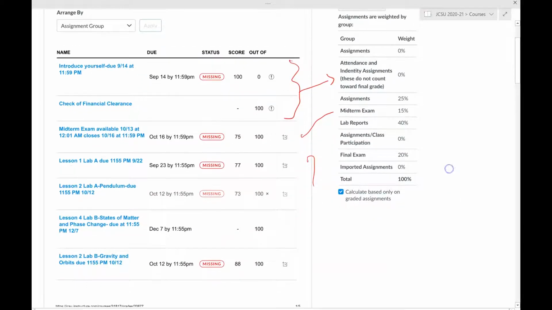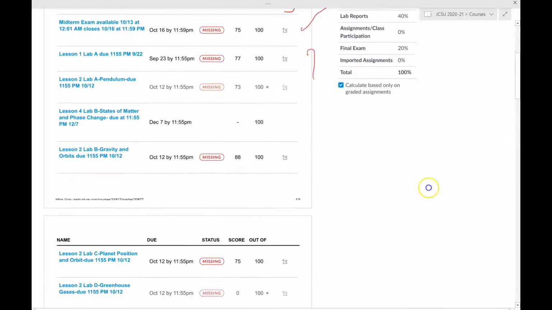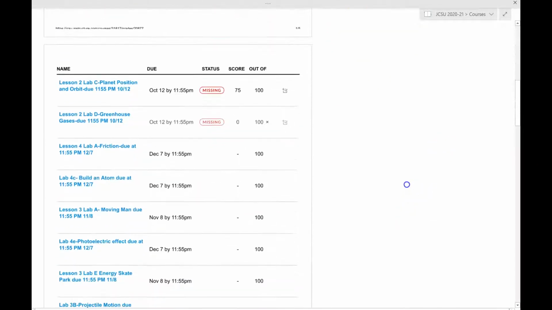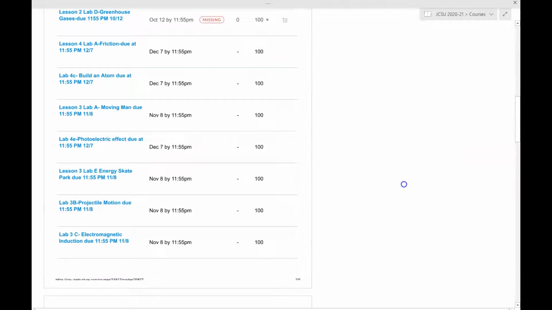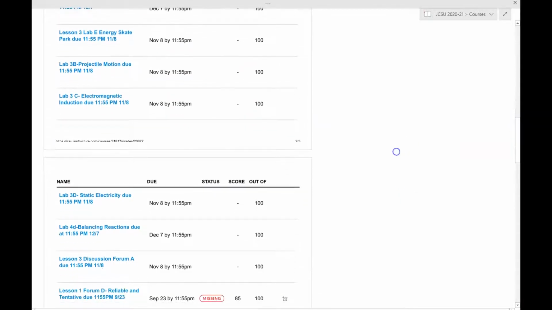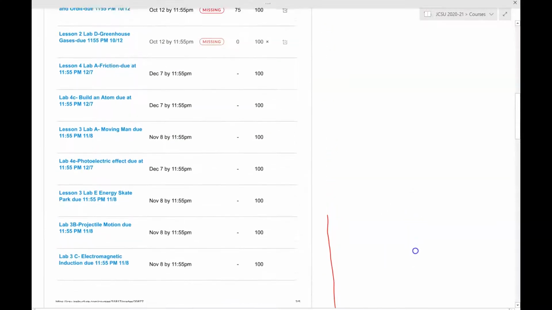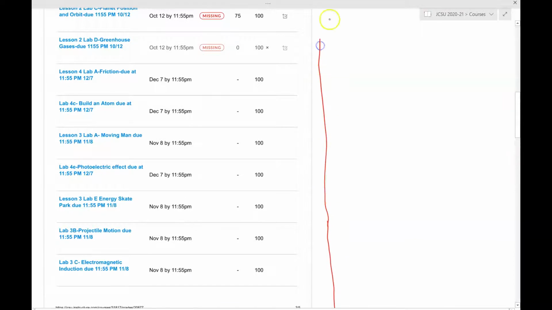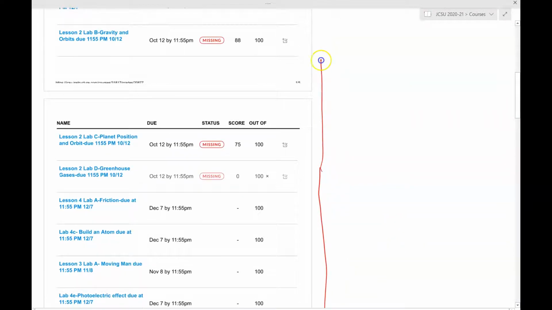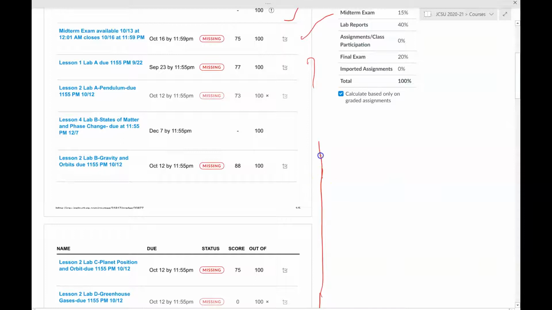So you can see going down here, all the labs, including all labs that are yet to come, are on this. For some reason, it sorts some of them out of order, but generally all of these things are labs, including labs that are coming in the future. So those are all the lab reports.